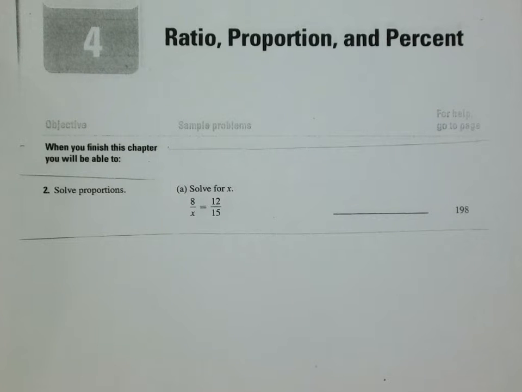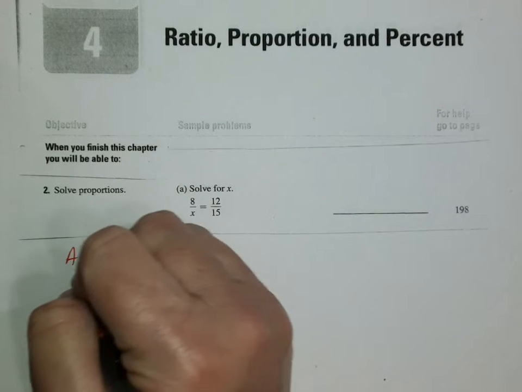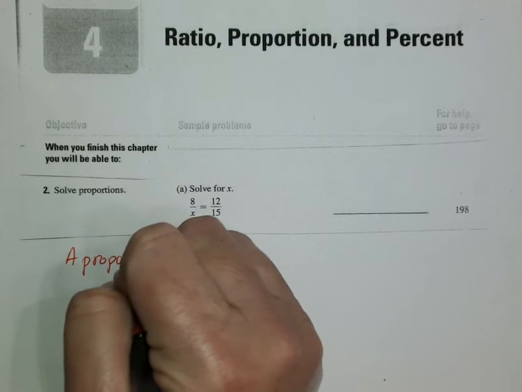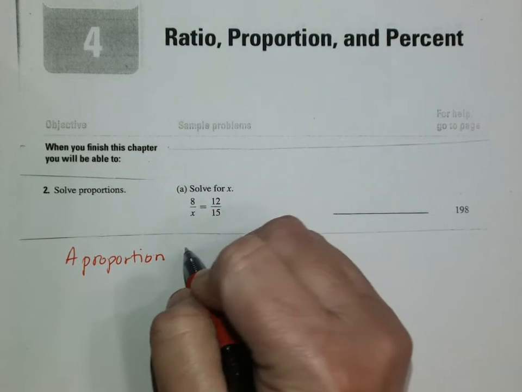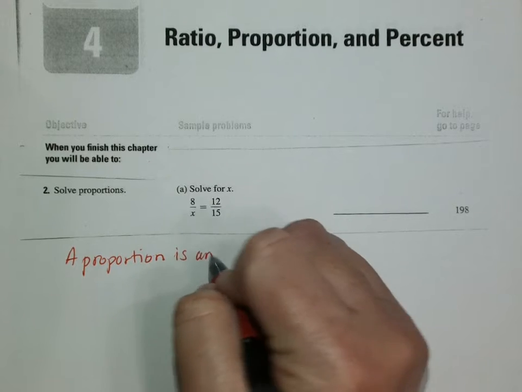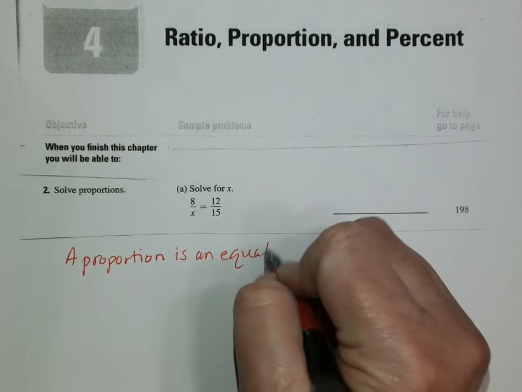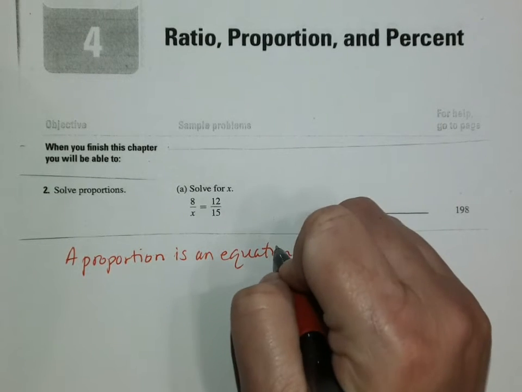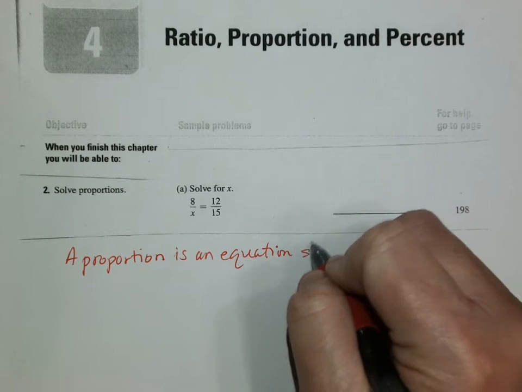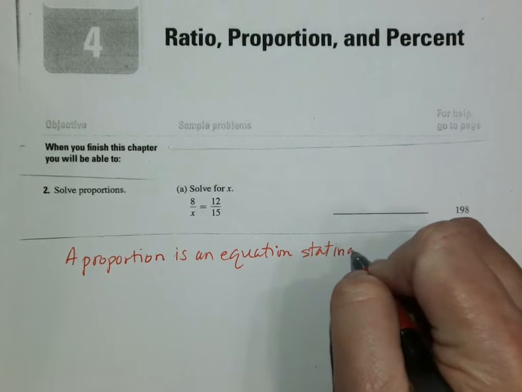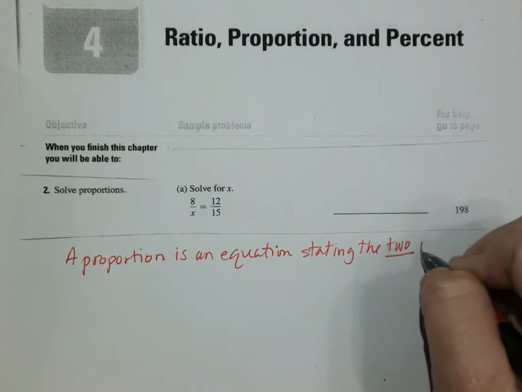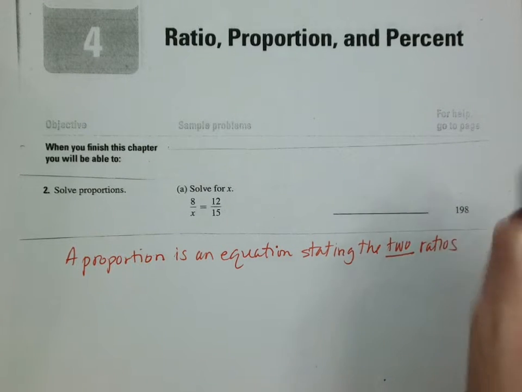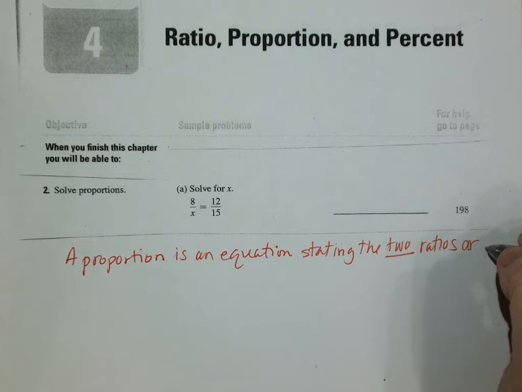A proportion is an equation stating that two ratios, and we just learned what ratios are, are equal. Okay? Two ratios are equal.